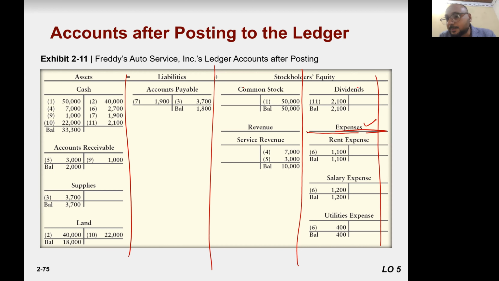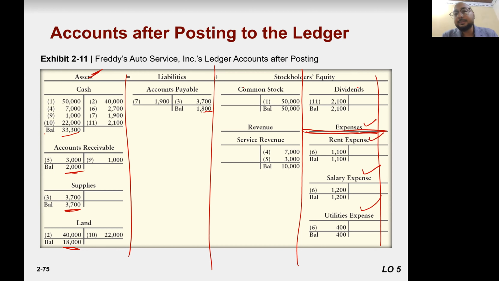So sub accounts are rent expense, salary expense, utility expense. And at the end, everything would be equal. So if you want to find out how much the balance of cash, assets, 33,300 plus 2,000 plus 3,700 plus 18,000. So all are debited. So that's why we are adding it.